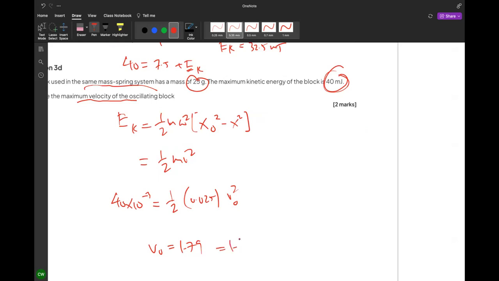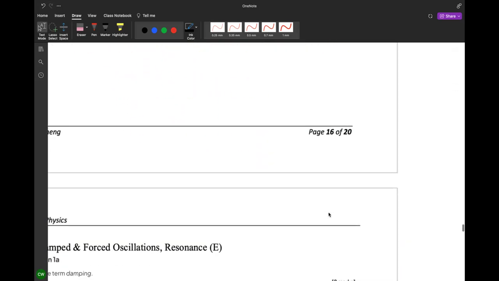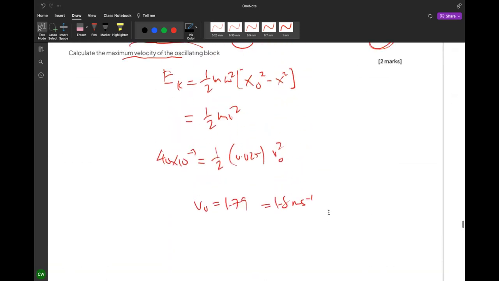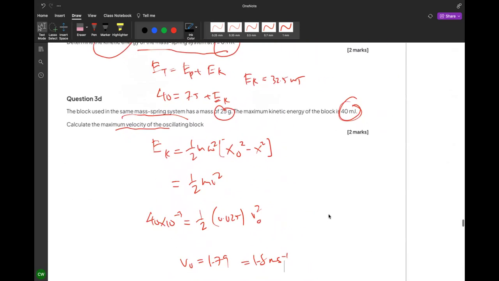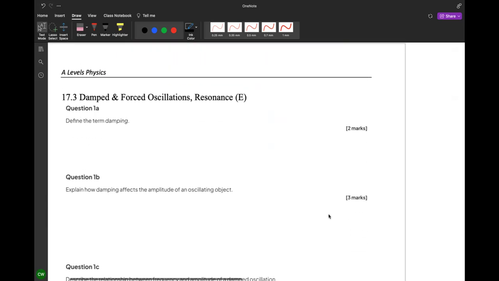Or 1.8. Not stand for maximum. Not is the maximum. Any problem? Okay, no problem.